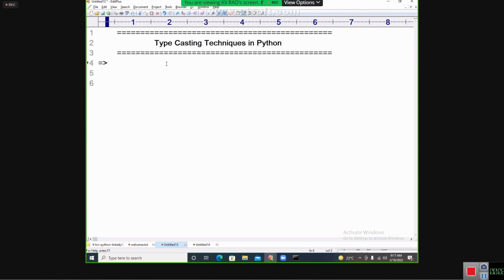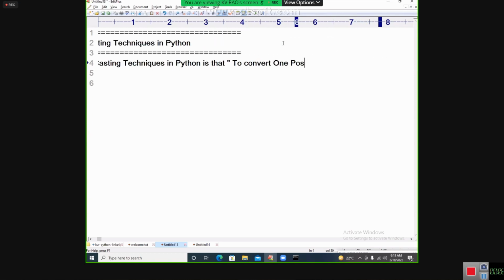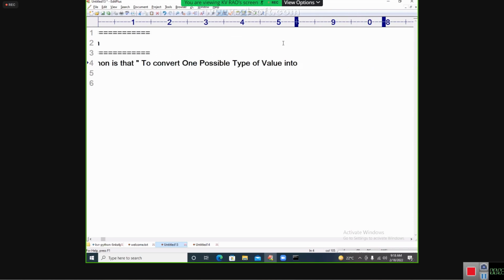Now I'm writing the first thing. I'm going to give you a lot of examples. The purpose of typecasting techniques in Python is to convert one possible type of value into another possible type of value.